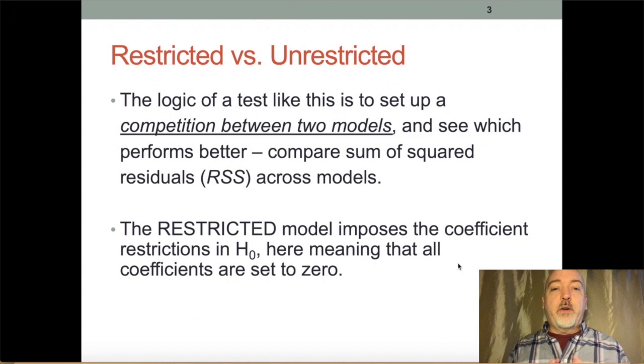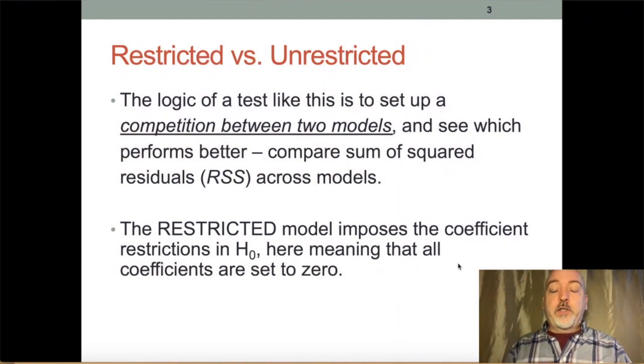So when we talk about a restricted model, the restriction of interest is that in the null hypothesis, right? Which coefficients are we setting to 0 in the null, right? Again, with the T-statistic, it was always just a single coefficient. Now with this joint significance testing, we're putting multiple coefficients in the null, setting them equal to 0.